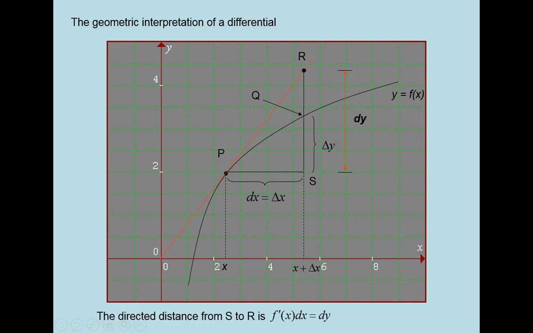So the directed distance from S to R could be represented by f prime of x dx equals dy. And that should make sense because f prime of x is the slope of that tangent line, and dx is small incremental changes in the x value. So we're moving up along the slope of that line, or the equation of that line.